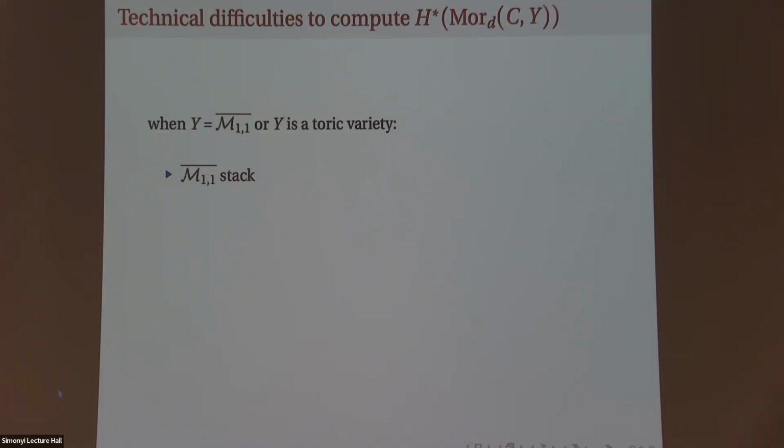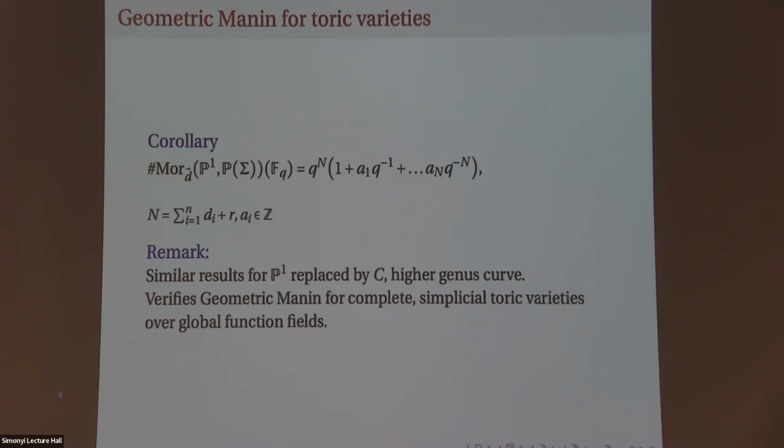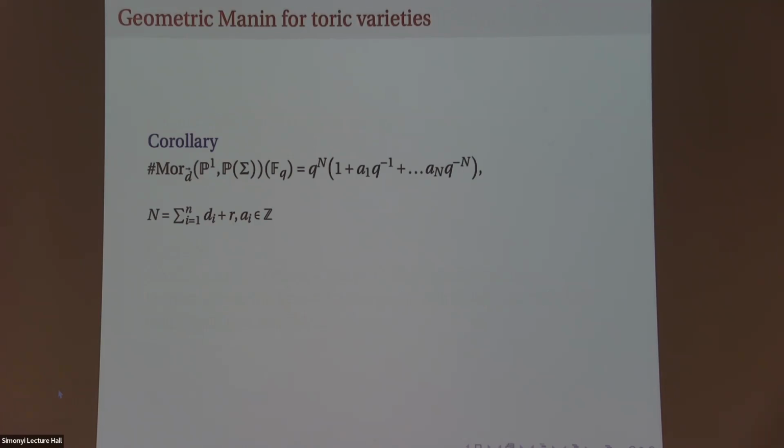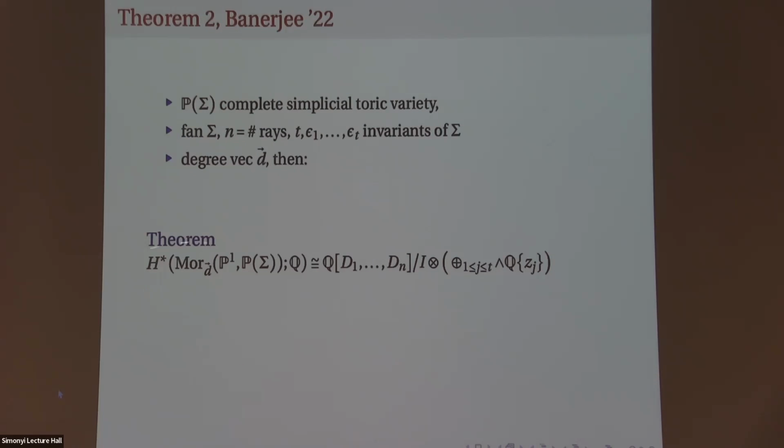So the key ingredient behind Siegel's proof, which was used by people afterwards as well, like Guest used Siegel's technique for computing this cohomology, not the whole of it, but up to a certain degree.